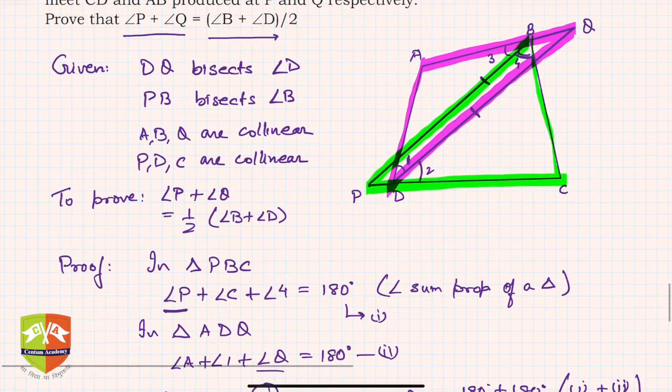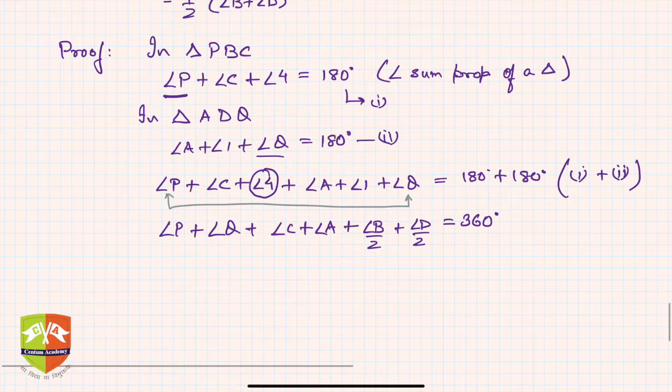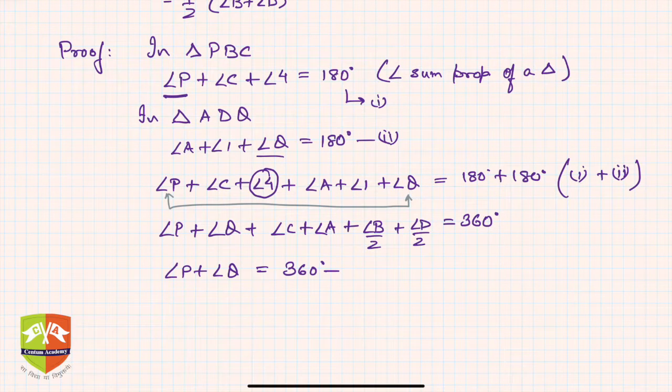And similarly, angle 1 can be written as angle D by 2. So this is equal to 360 degrees. Hence angle P plus angle Q, which was desired, can be written as 360 degrees minus angle C plus angle A plus angle B by 2 plus angle D by 2.